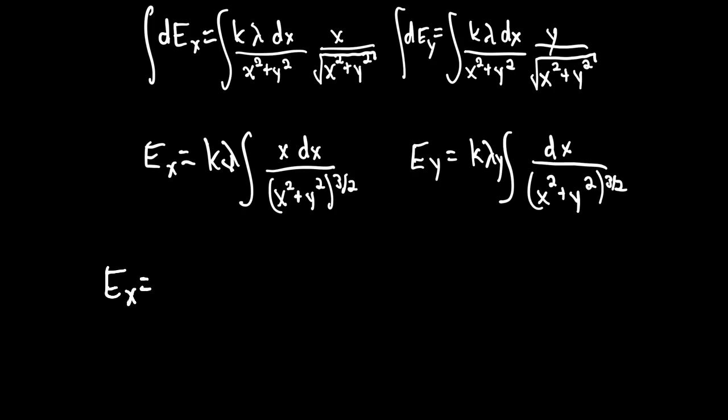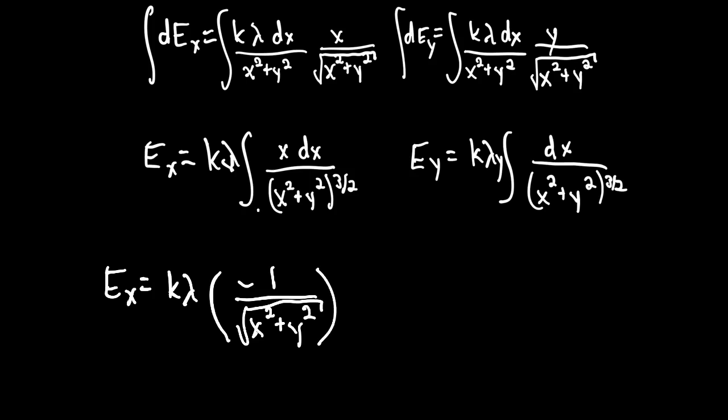Now here's where the magic happens. k times lambda times negative 1 over the square root of x squared plus y squared. These are all between 0 and infinity. How do I go from here to here? Yeah, that's a good question. How did I do that?